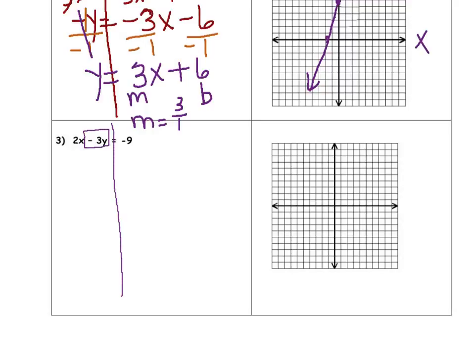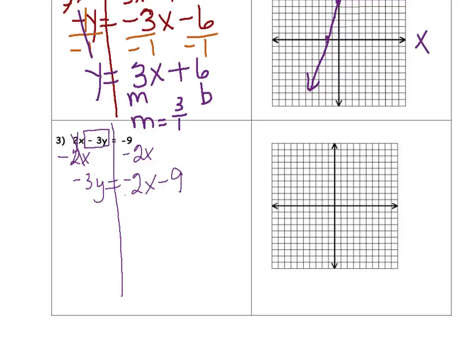So just to remove that, I'm going to subtract 2x from both sides. That gives me all my x's on the right hand side now. I'm going to bring down my negative 3y, my negative 2x and my negative 9. Remember, those are not like terms, so they cannot be combined.